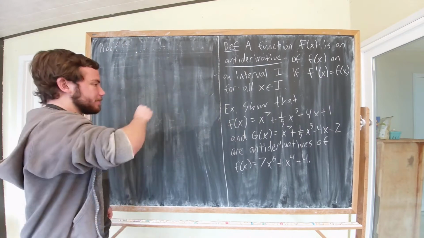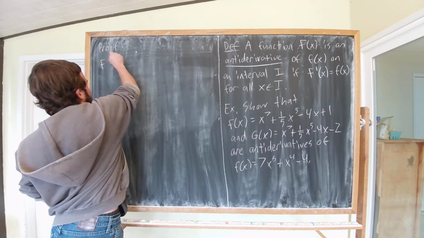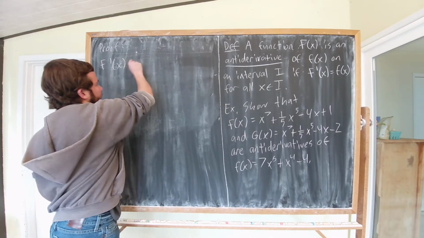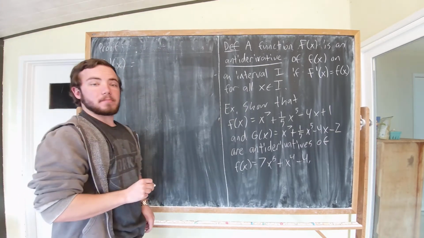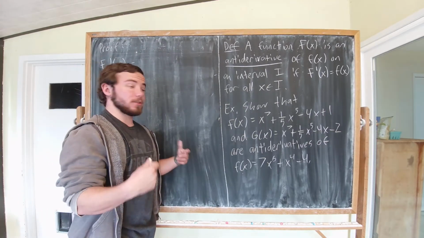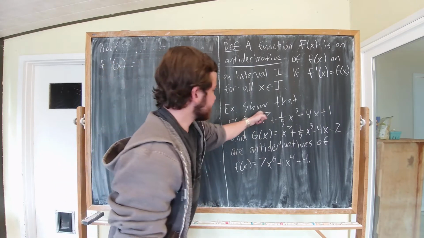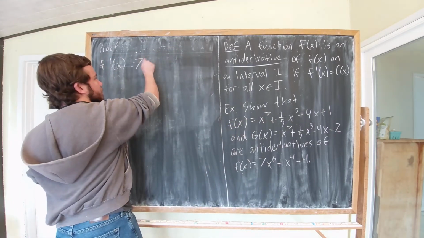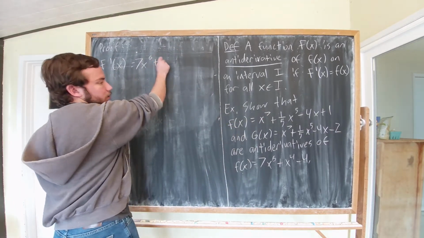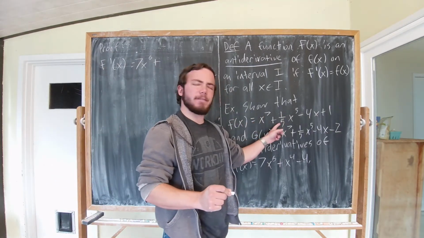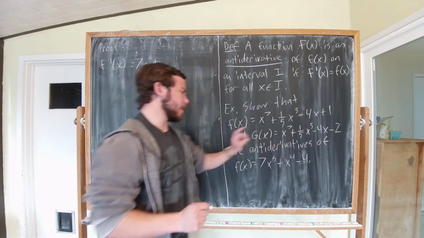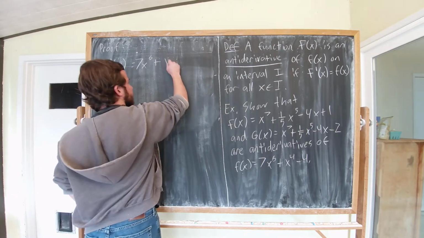So our proof of that: capital F prime of x, by the power rule and the sum rule, is 7x to the 6th plus 5 times 1/5, which is 1, so we're going to have 1x to the 4th.